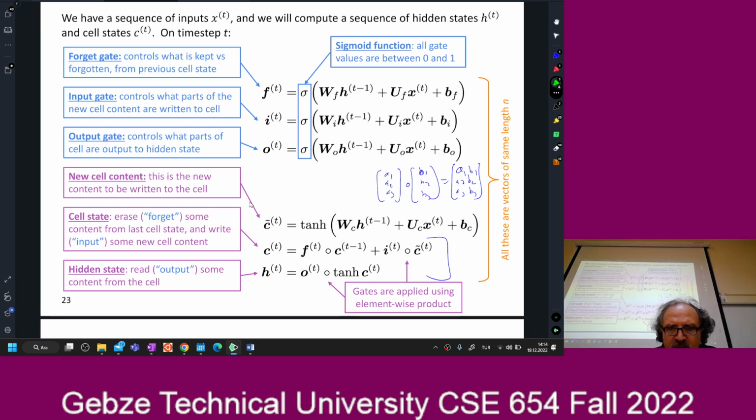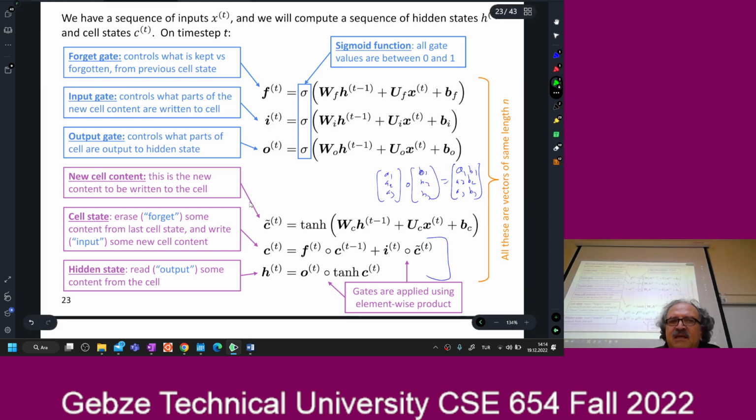Okay, now let's look at this one. Hyperbolic tangent is going to produce something between -1 and +1. Okay, this is between 0 and 1. 0 means forget that one. Okay, 1 means keep it. So you either forget it or keep it.